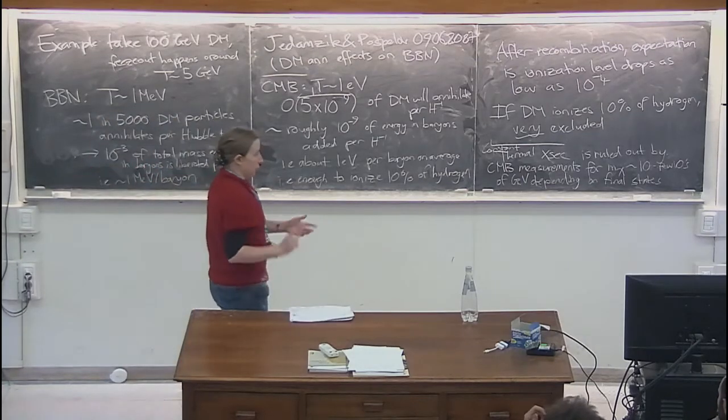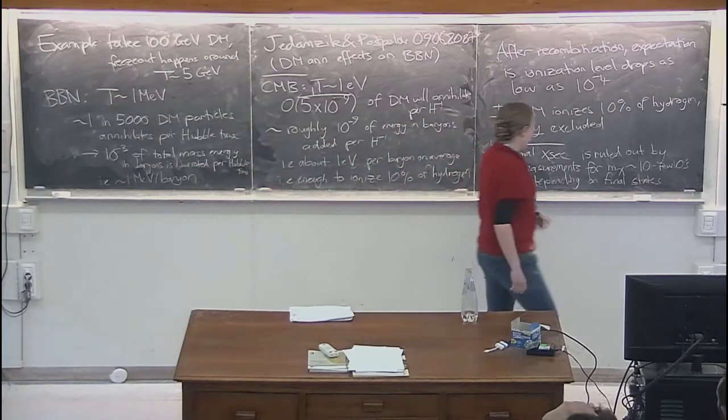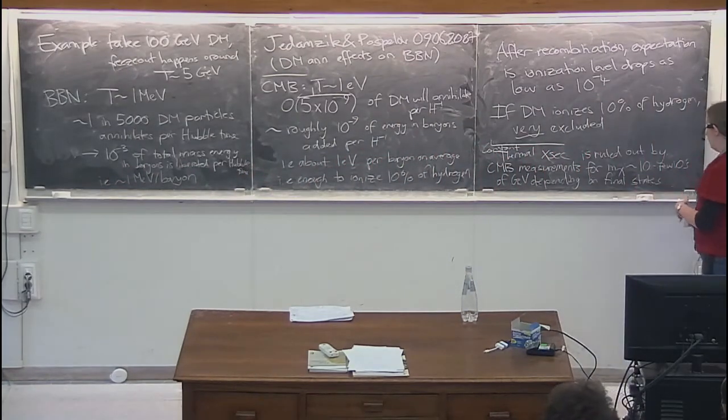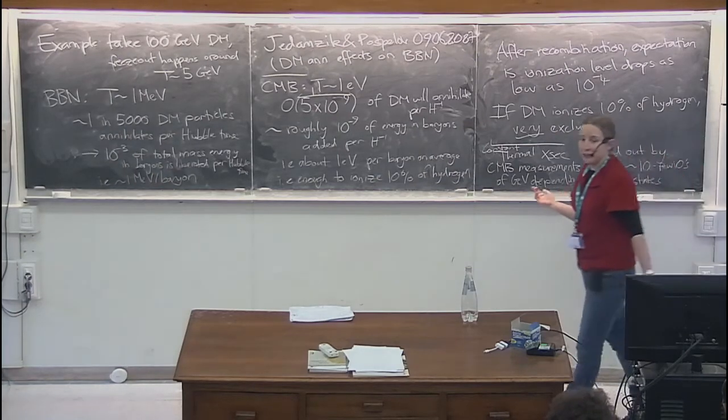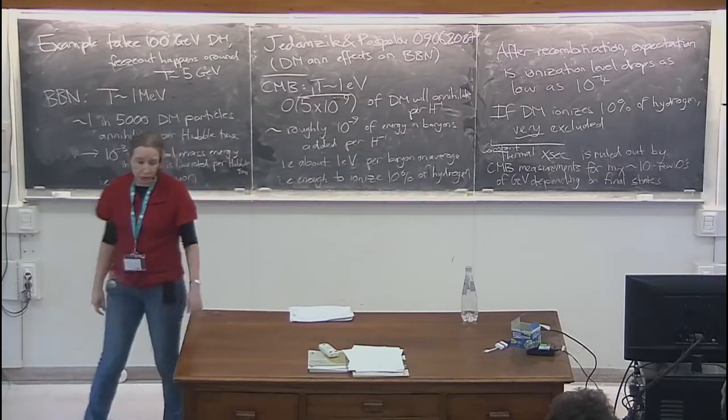Now, there are ways out of this. Ways out include if I go to neutrinos with a big branching ratio. Obviously, neutrinos are not good at ionizing things, so that gets you out of this.